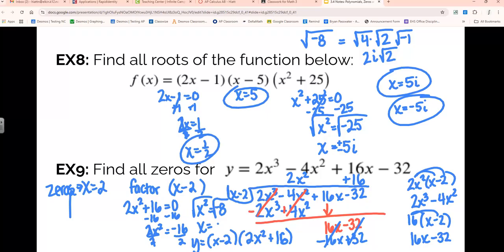So I get plus or minus 2i root 2. So if I want to list them all separately, it's x equals 2, x equals 2i root 2, and x equals negative 2i root 2.